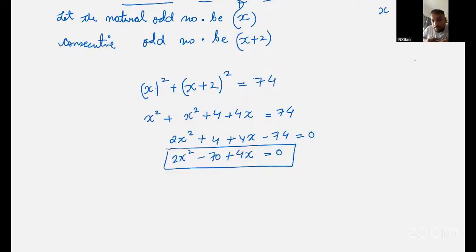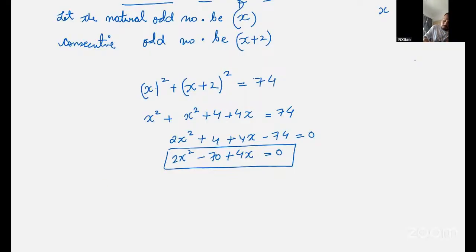For the quadratic equation, should it be in the standard form ax squared plus bx plus c? I mean, I got c in the middle, no? That is why, I mean, it's not wrong. But when you are writing it like this, you have to be aware of what a, b, and c are. a is the coefficient of x squared, b is the coefficient of x, and c is basically the constant number.